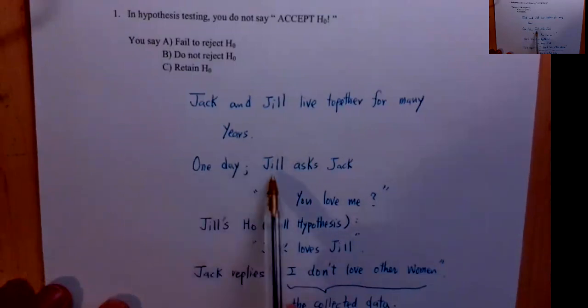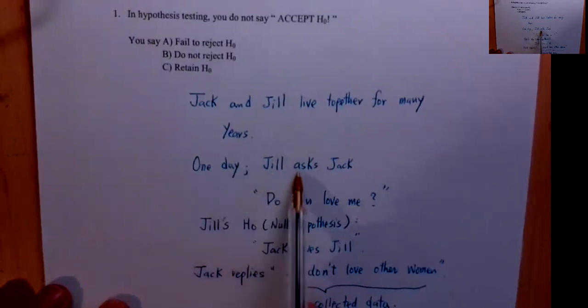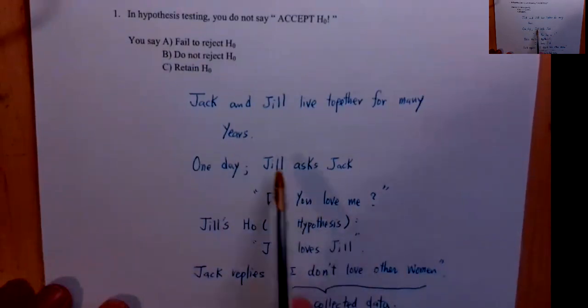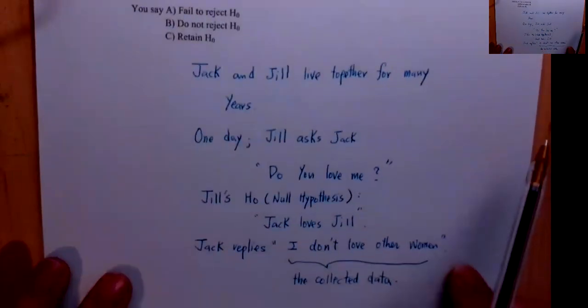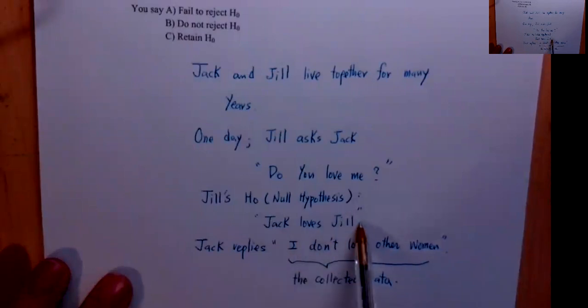Now, one day, Jill asked Jack, do you love me? So when Jill asks Jack, do you love me, what's Jill's null hypothesis? Well, Jill's null hypothesis is Jack loves Jill. But you know, when a couple has been living together for many years, it is more like a habit, right?